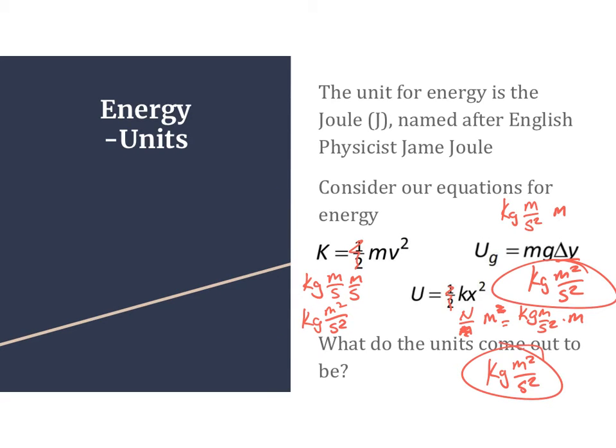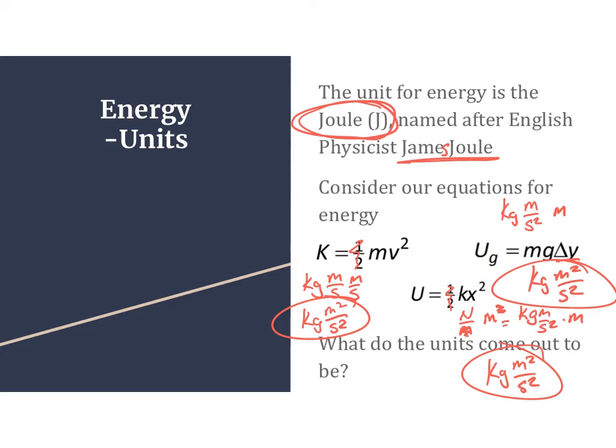So what you'll notice is that our units for all three are the exact same, kilograms times meters squared per second squared. That's a good thing because they're all measures of energy. And regardless of the form that energy takes, it should have the same units. Much like the kilogram meter per second squared is the newton, the kilogram meter squared per second squared is called a joule, named after English physicist James Joule.